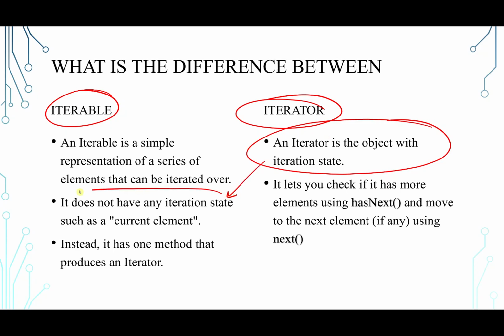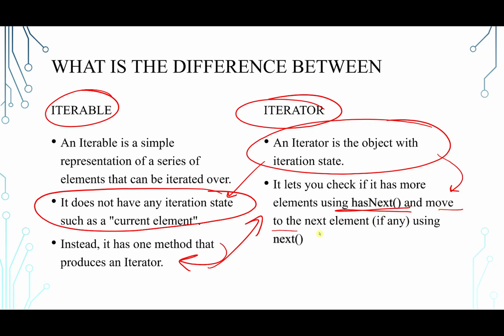These are the main differences. Also, since the Iterable does not have a current element, it has one method that produces an iterator. And the Iterator lets you check if it has more elements using hasNext, and moves to the next element by using next, and removes the current element by using remove, and so on.